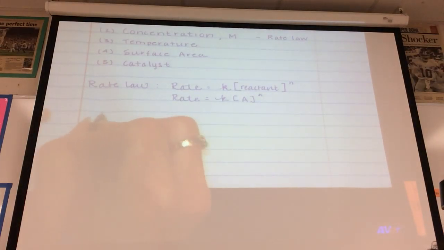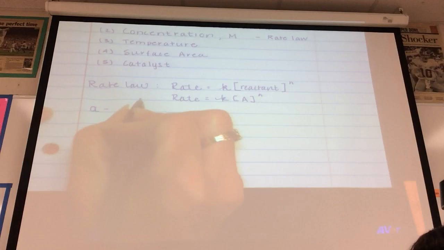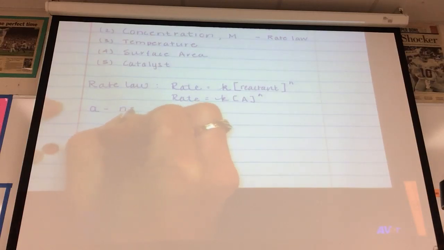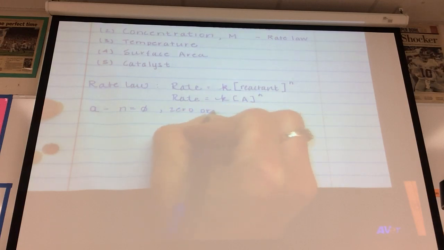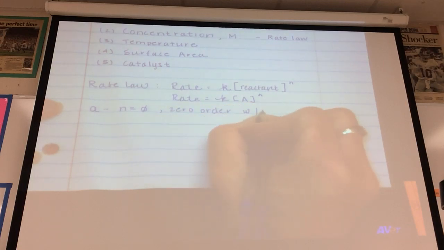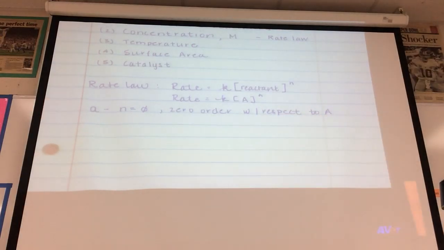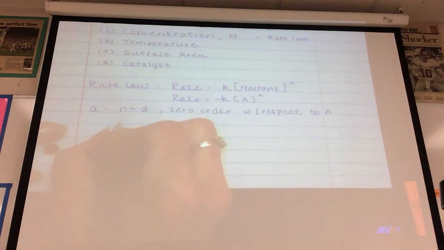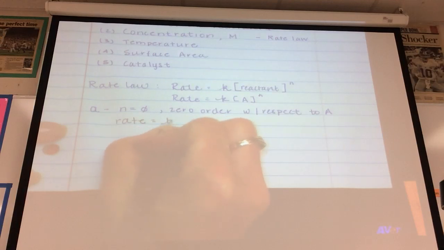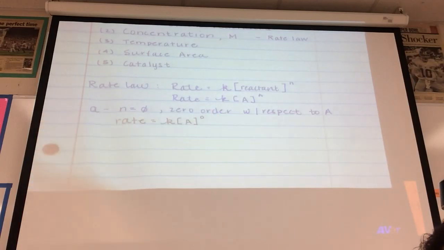I'm going to number these how they're numbered in your notes. If N is 0, we have 0 order with respect to A. So that would mean that we have rate is equal to K, concentration of A to the 0.